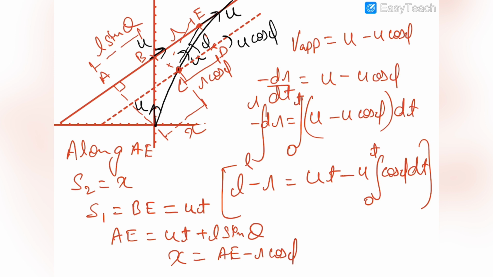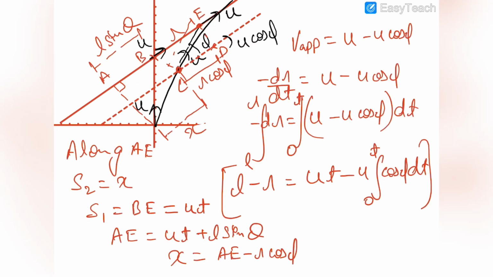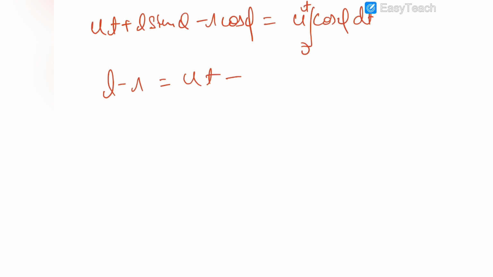So L minus R is equal to UT minus this complete term, which is UT plus L sine theta minus R cos phi.